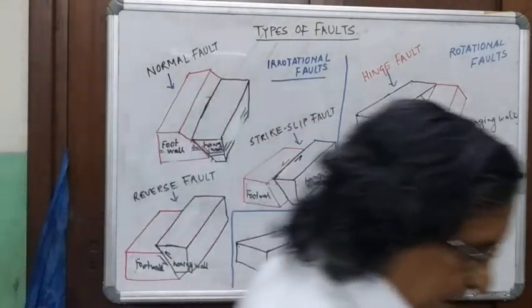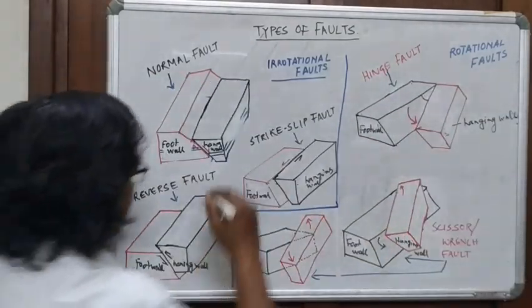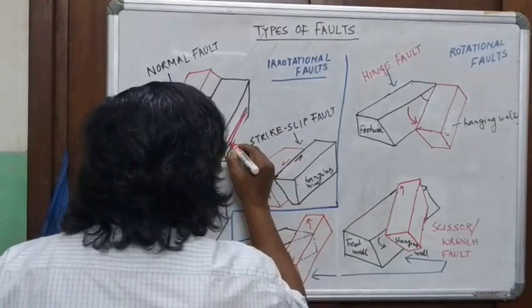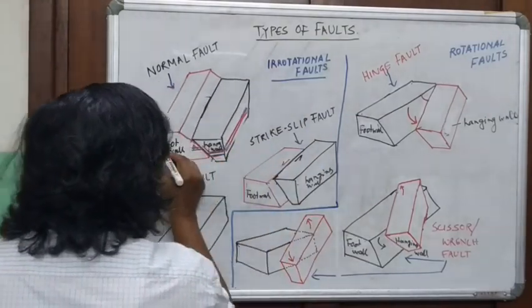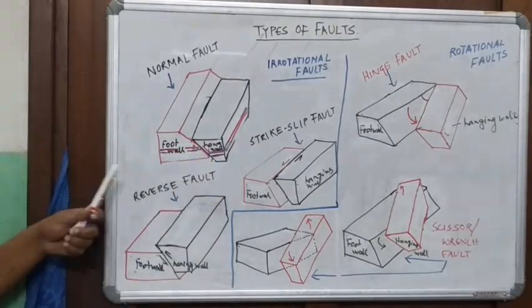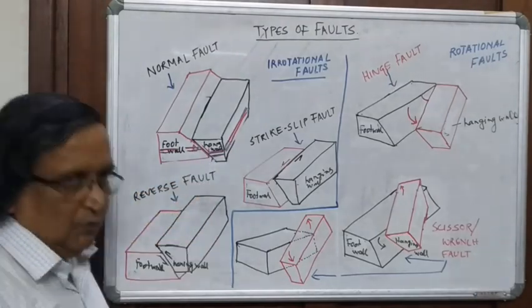Footwall and hanging wall. Now, the point here is, there's a mark, and you can see this mark has been displaced downward in the hanging wall.